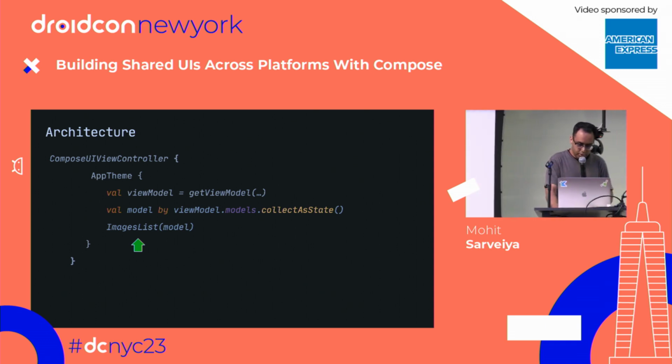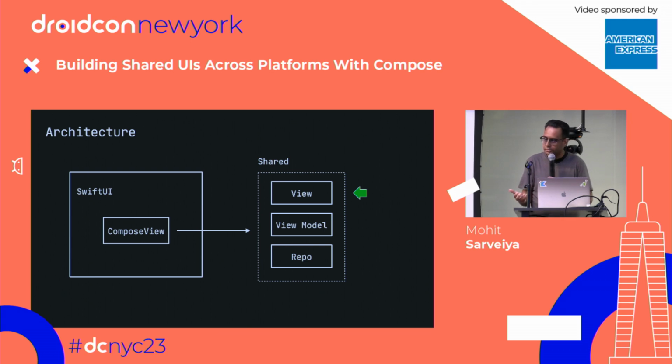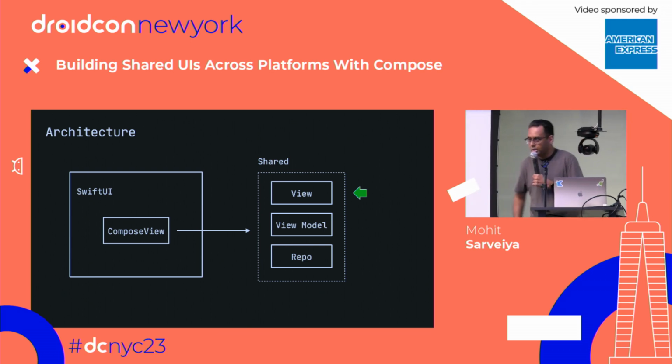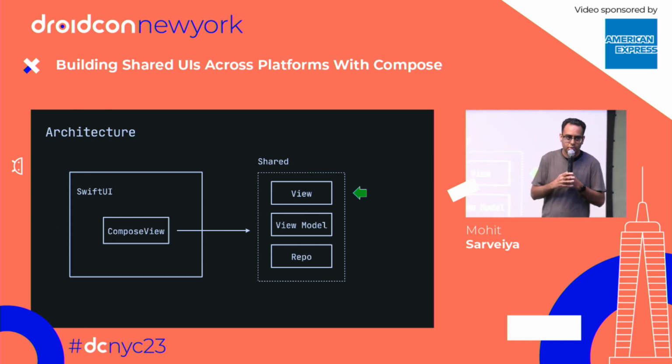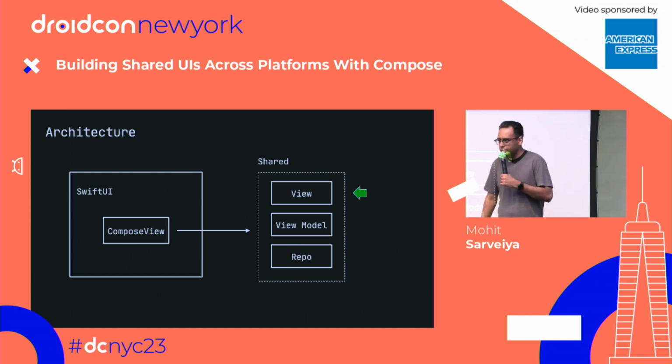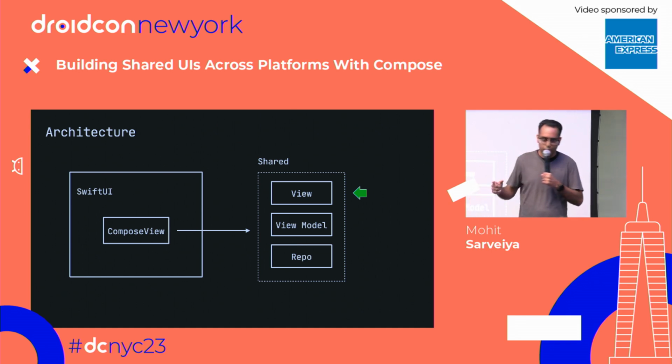So the next question is, how do you create the view itself? How do you handle images, for example? Handling images, how many of you use Coil? That's great.